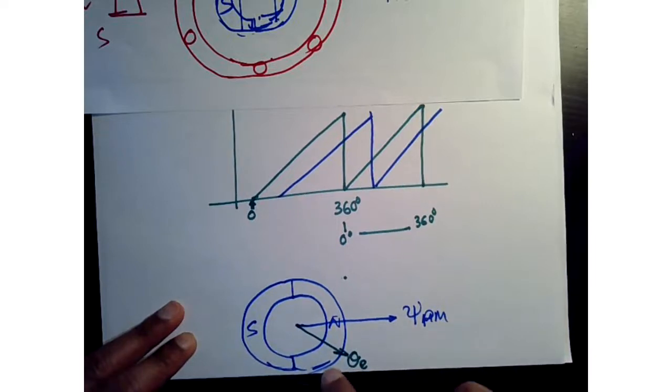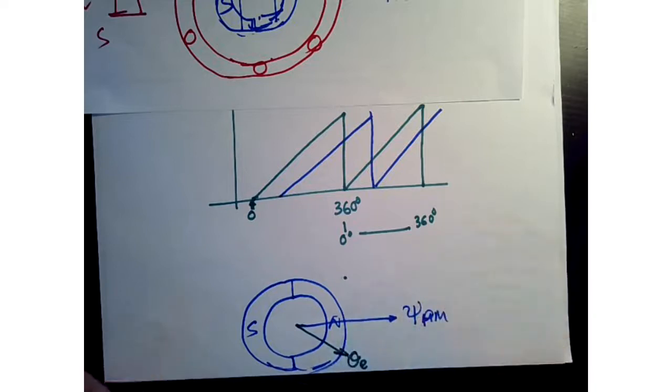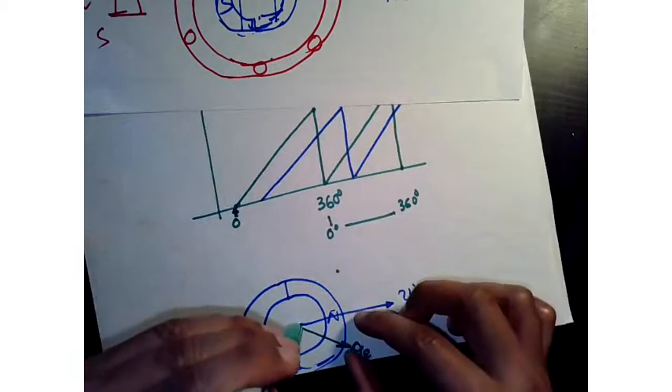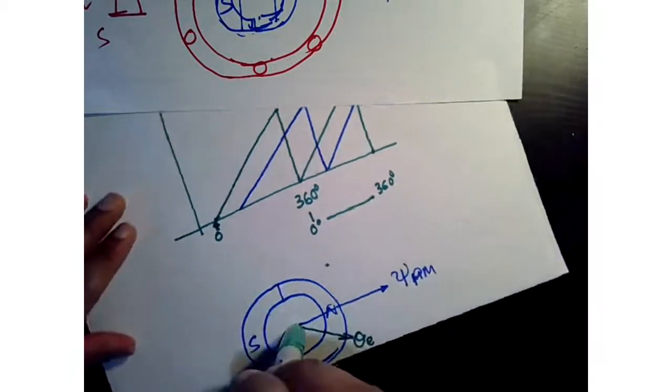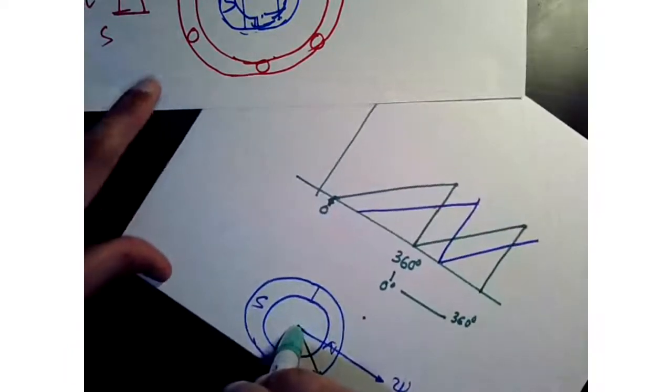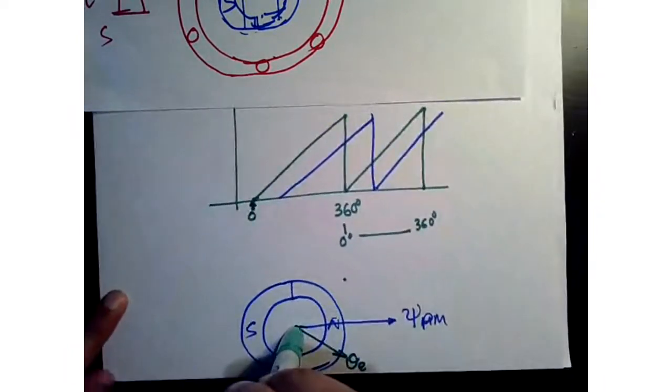That is also going to follow. So the relative difference is constant, and it is going to follow along with it. If you go this way, it's going to go that way.